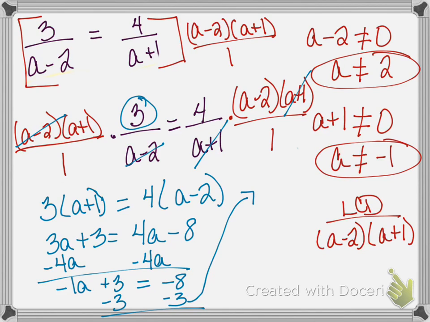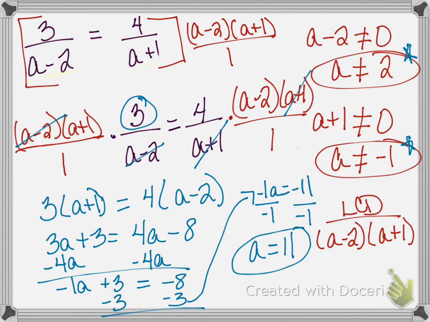Okay, so then I'm left with negative 1A equals negative 11. I divide by negative 1. What's my A value? Good. Is that 2 or negative 1? No. So am I okay with A equals 11? Yes, I'm okay.